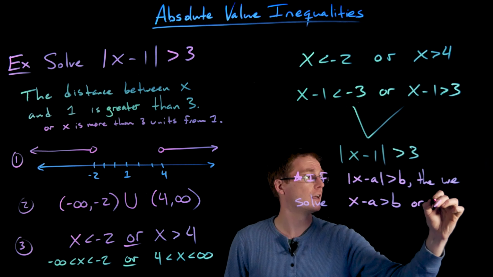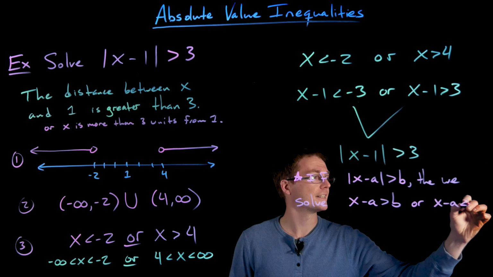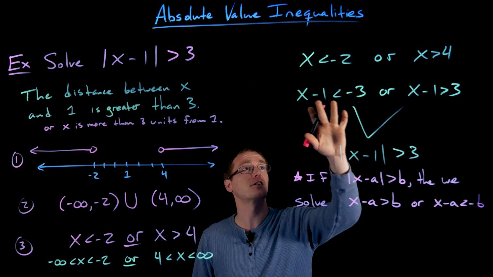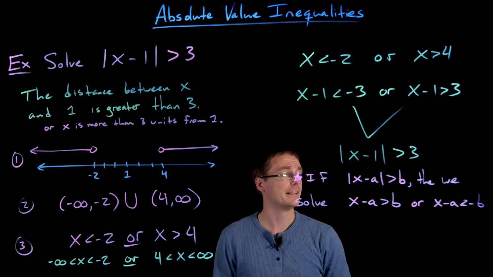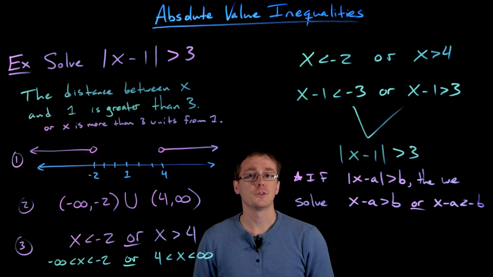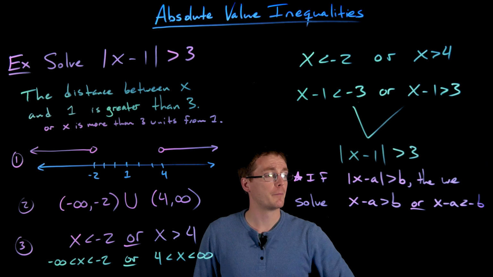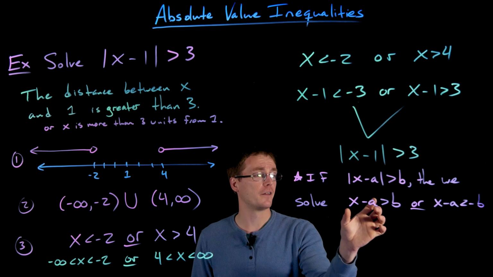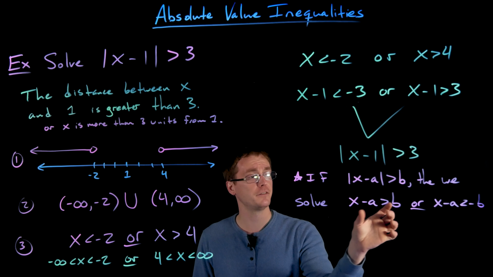Or we have to solve x minus a is less than -b. And that corresponds to up here where we solved x minus 1 is less than -3. There are, of course, other ways to derive this or think about it. Remember that one of the other ways we thought about the absolute value function initially was if the absolute value of our quantity is positive, it does nothing.